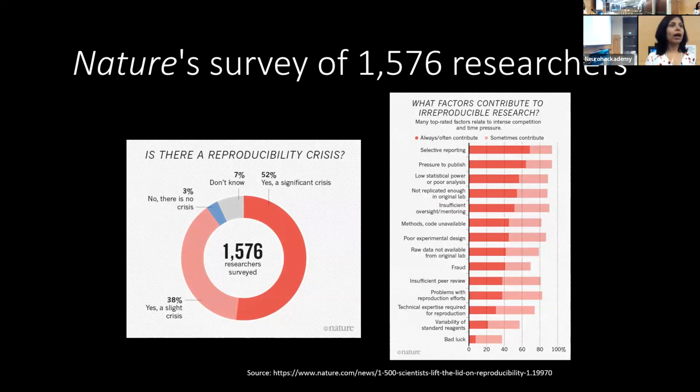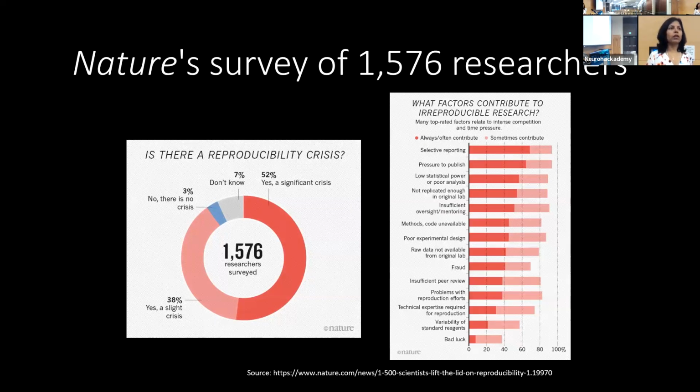And over half the respondents said, yes, there is a reproducibility crisis. There were several reasons that were stated for that crisis. And the important part here is that most of these surveyed researchers were in the computational sciences, not in computer science.